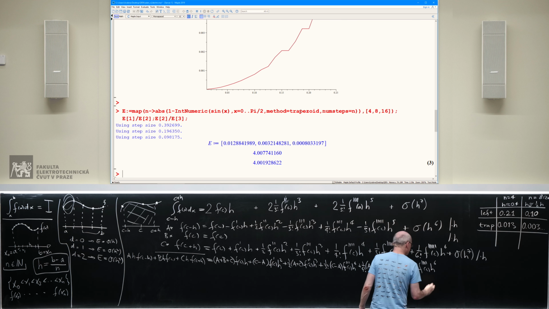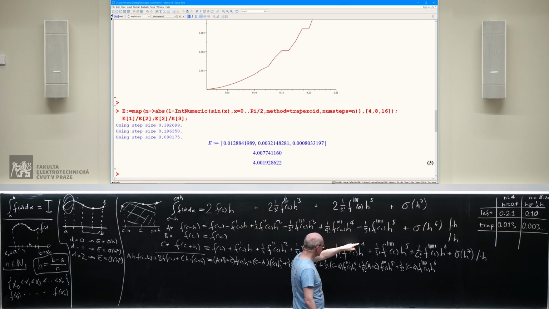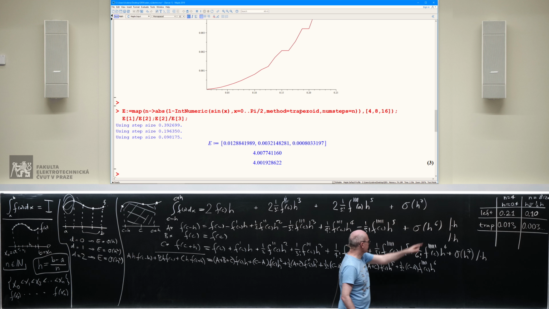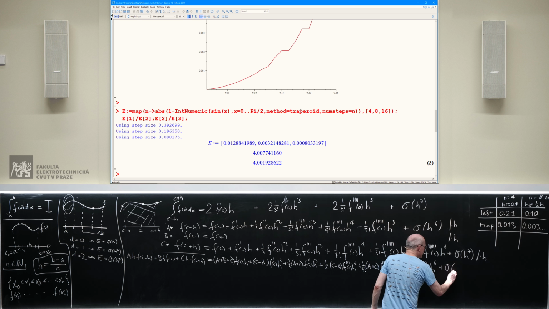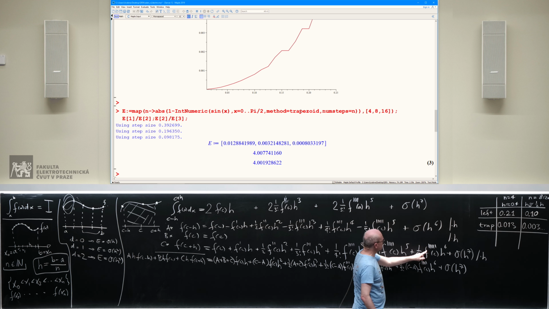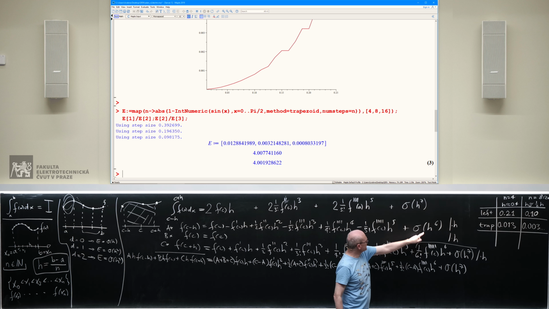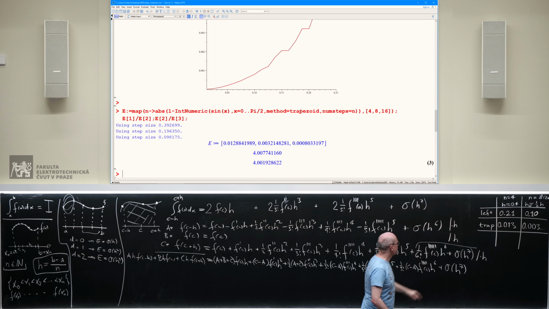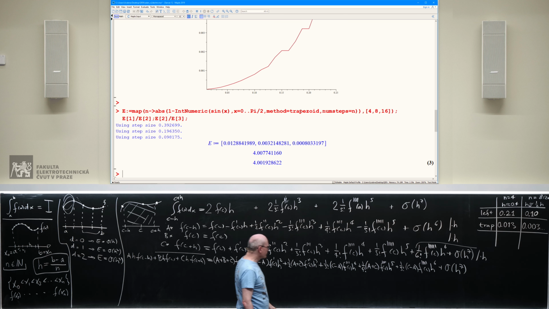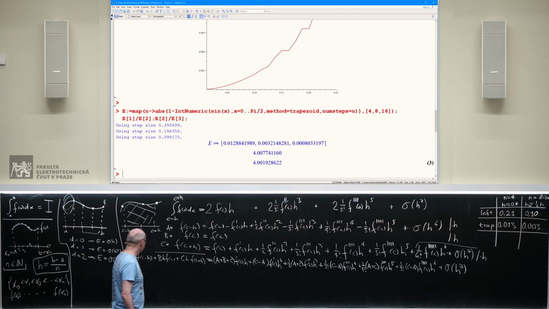Because I'm increasing the power by 1. Plus O(h^7). Because this tail actually is O(h^6). I put them together and I raise the power by 1. Okay, that should be it.